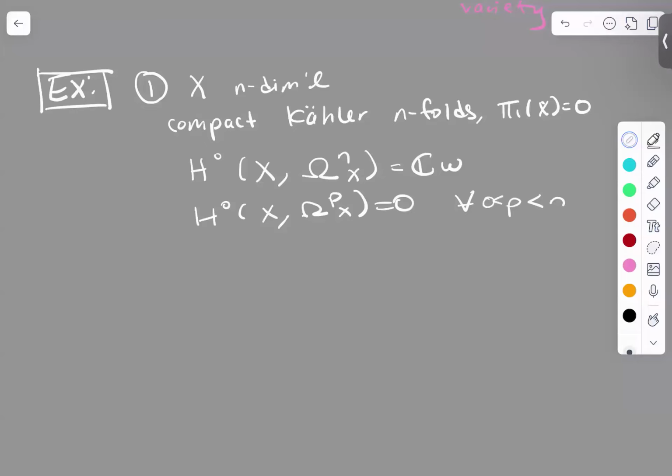Right, this might be one kind of natural set of conditions that you might guess for how to generalize this definition of a K3 surface. And this is a perfectly reasonable generalization. And this is a class of variety which are called Calabi-Yau manifolds, let's say.